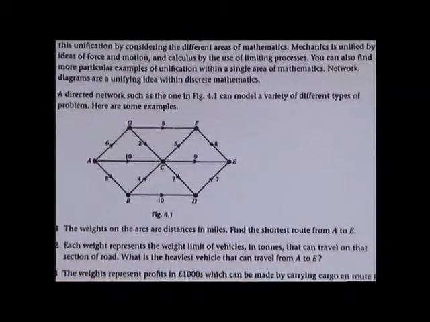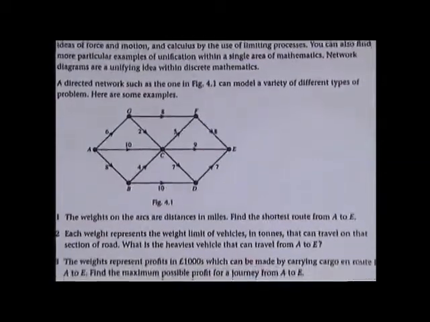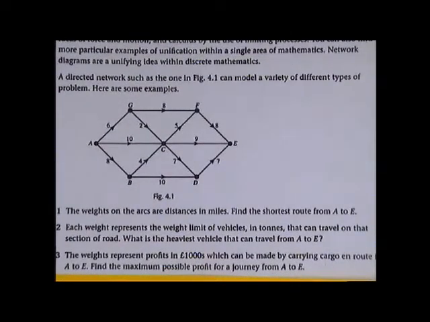Number 3. The weights represent profits in thousands of pounds which can be made from carrying cargo en route from A to E. Find a maximum profit. So what are you trying to do there? Maximise, minimise, minimax, maximin? Maximising.